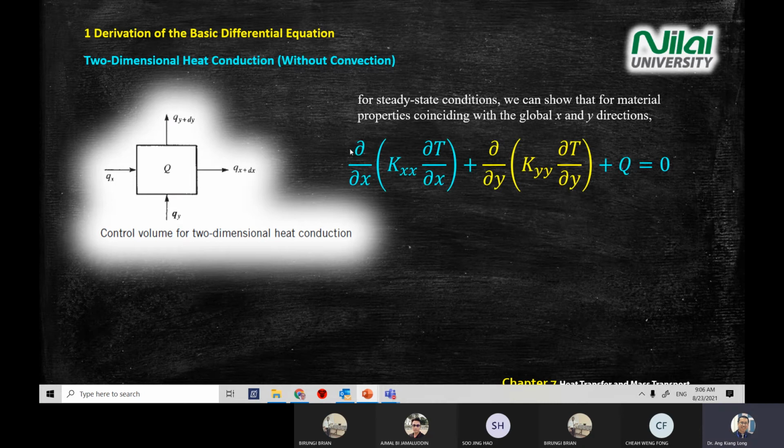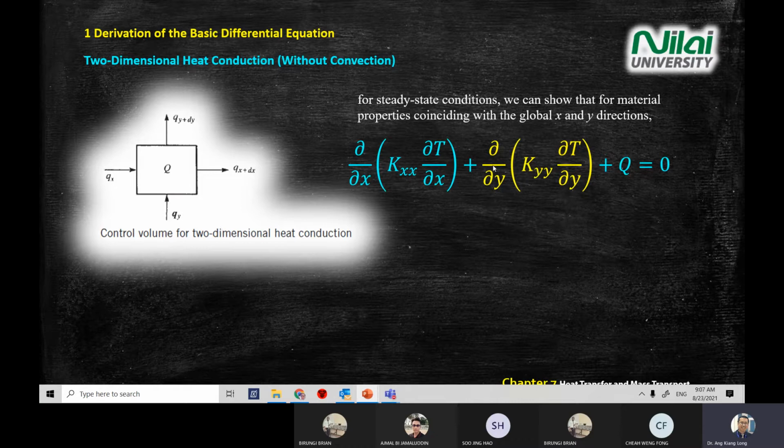All right, so this is what I mean. The light blue is what we discussed in the first session. Now, if you're discussing the two-dimensional condition, you just add the yellow color equation inside. So you just add del over del y because the heat transfer is happening in a new direction, in this case the y direction.